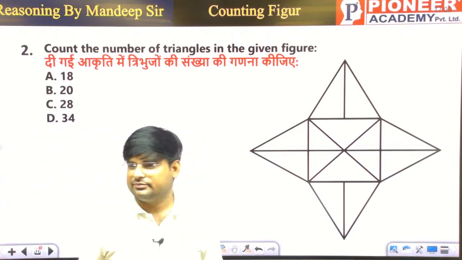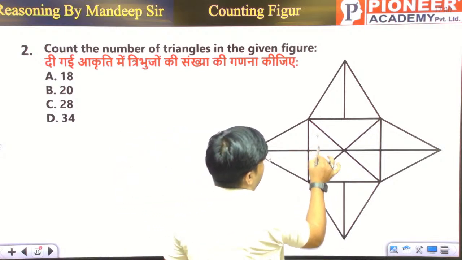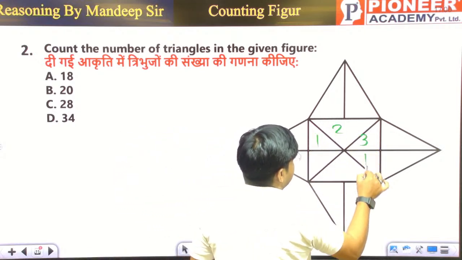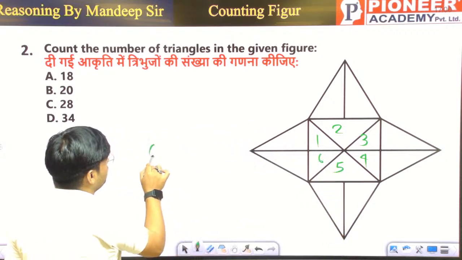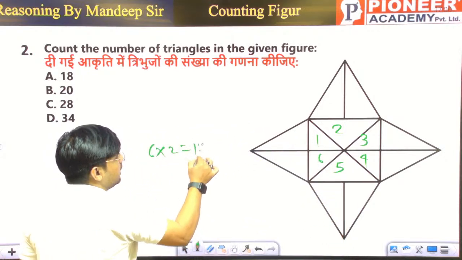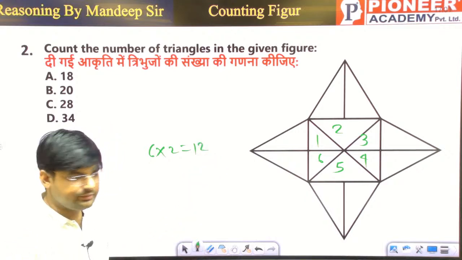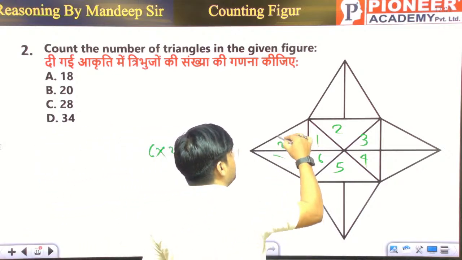Let's count. 1, 2, 3, 4, 5, 6. 6 into 2, 12. 1, 2.